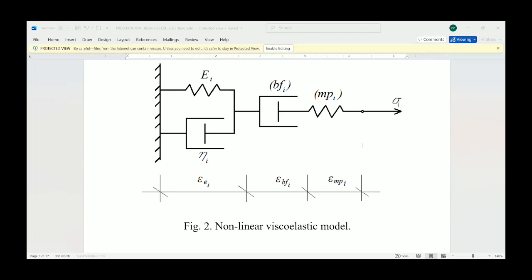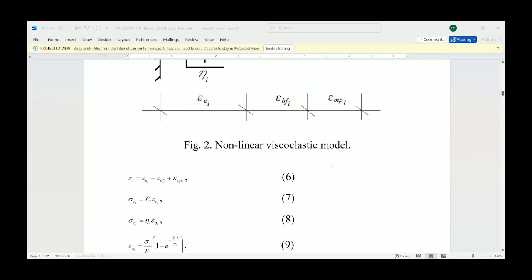Because the rod is under a loading that does not depend on time, the strain epsilon i in the viscoelastic model is given in equation number 6. Here in this equation, epsilon Ei, epsilon BFi, and epsilon MPi are the strains in the linear spring, the nonlinear dashpot, and the nonlinear spring.